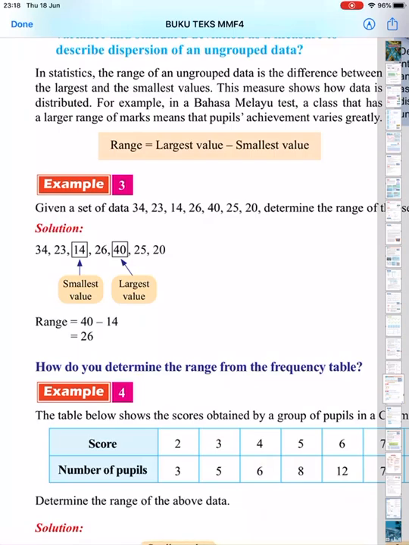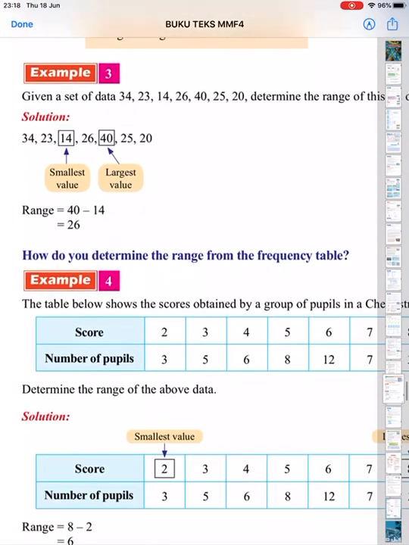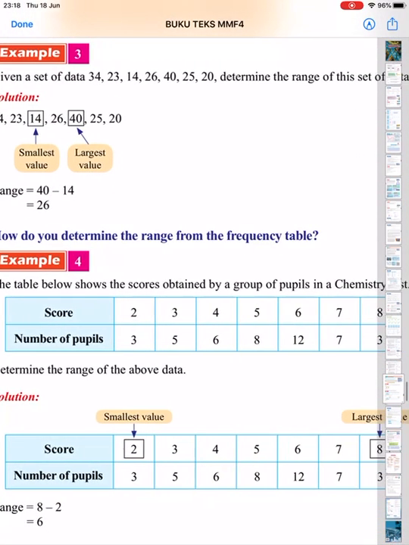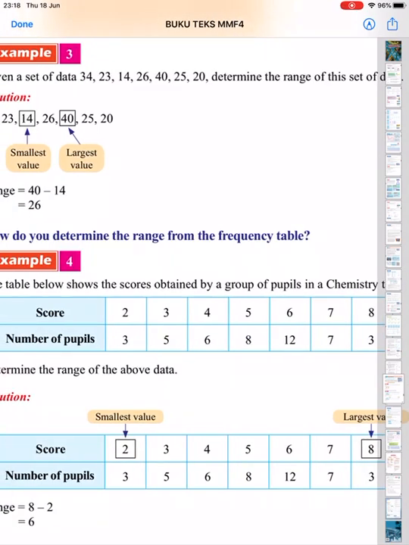Here we have another set of data. Okay, it is in a table. Score 2, 3, 4, 5, 6, 7, 8. Three students got score 2, 5 students got score 3, 6 students got score 4 and so on.